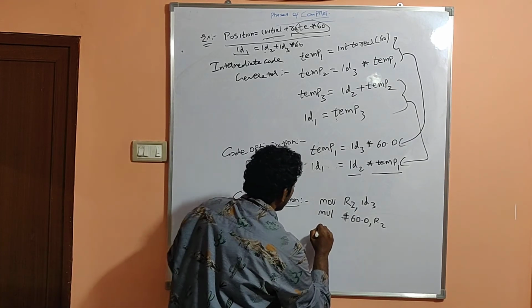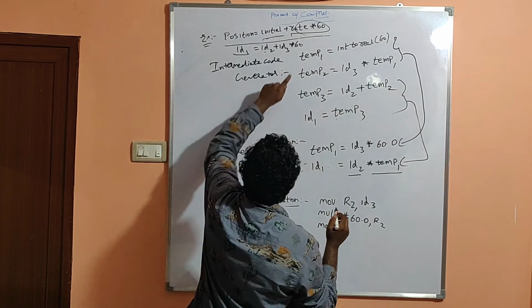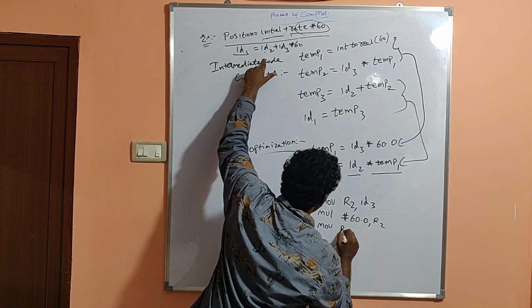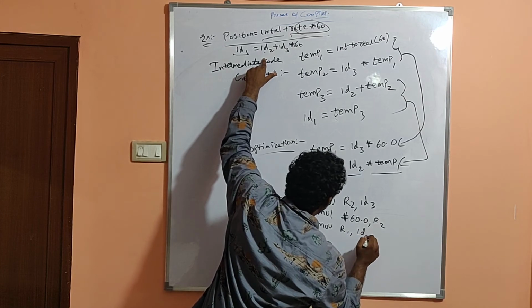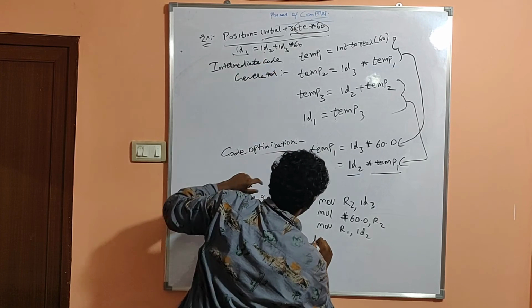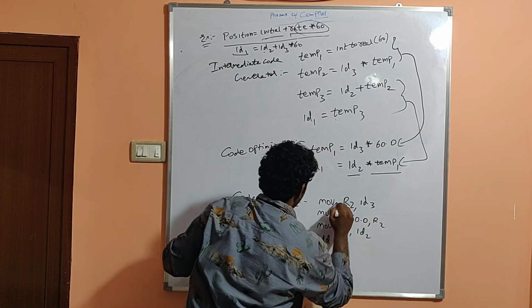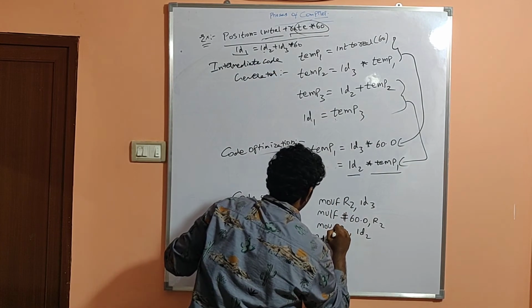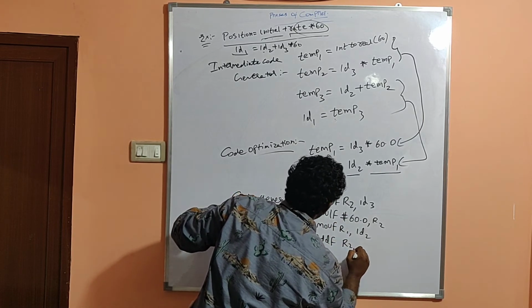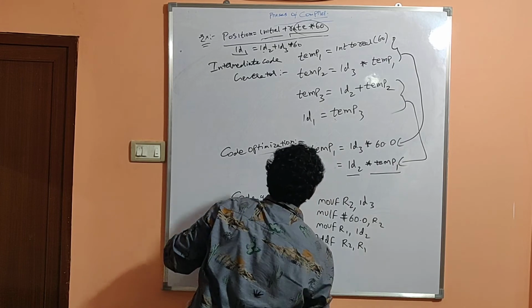Now again we have to write MOV R1 comma id2. Next, add R2 comma R1.